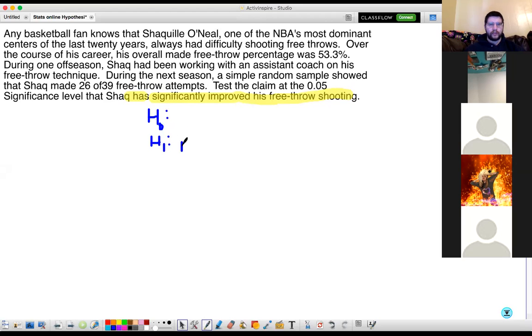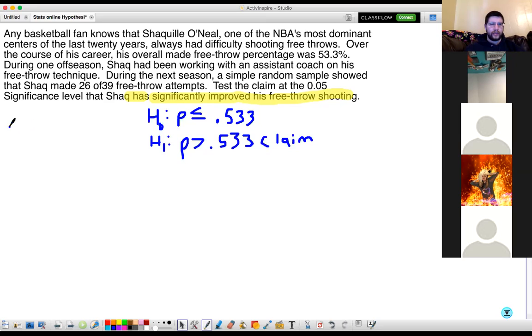If I'm talking about greater, that's going to be my alternative, 0.533. So that's my alternative hypothesis, and that's where the claim is. The majority of the time, your claim is in the alternative, because that's the only way we can actually prove something is true. Less than or equal to 0.533 would be the null hypothesis.